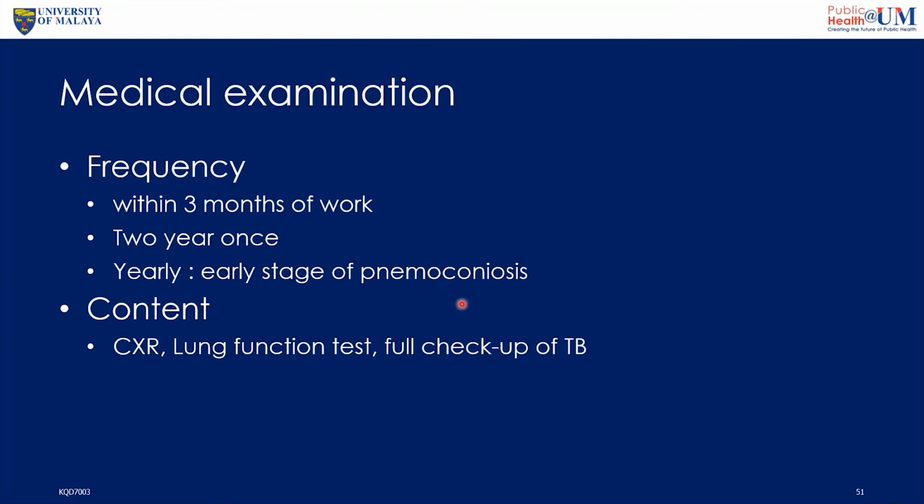Basically, it's some kind of permanent damage to the lung due to silica dust that can cause fibrosis inside the lung. So you do chest X-ray, lung function test, and a test for TB, because if you have silicosis, you are more prone to getting tuberculosis because of the damage to the lung. So the tubercular organism can spread more easily in the damaged lung.